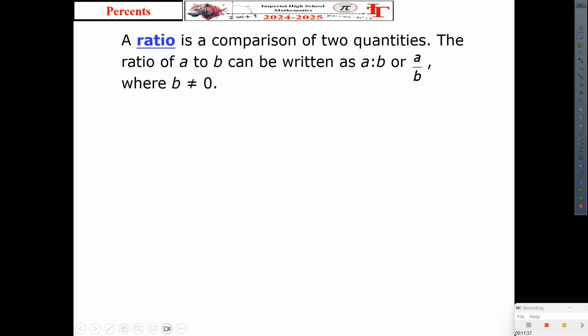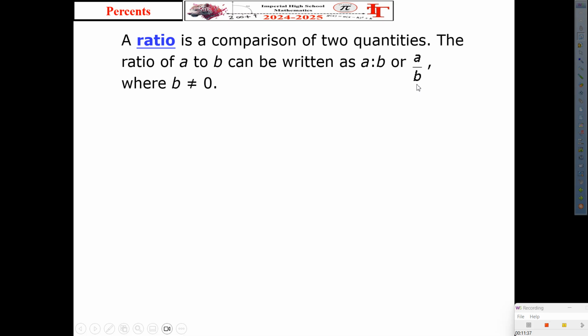Look up to the screen. A ratio can be written as this, A to B. This right here, A with a colon, B, it's also A to B. Or in a fraction form, this is also pronounced A to B. Those are the three different ways of writing a ratio.